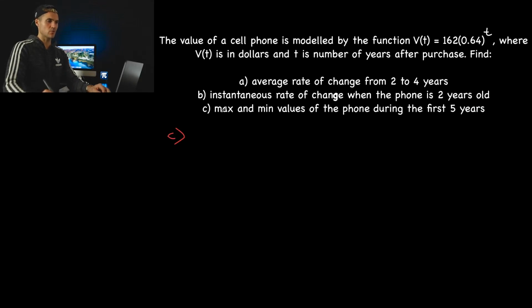And then part C, what are the max and min values of the phone during the first 5 years? If you remember the properties of an exponential function in general, an exponential function is always either increasing or always decreasing.